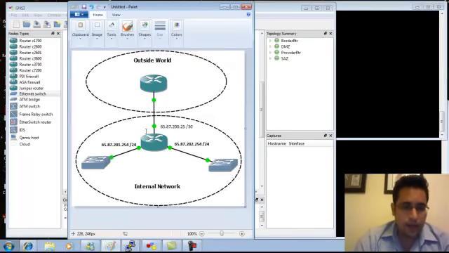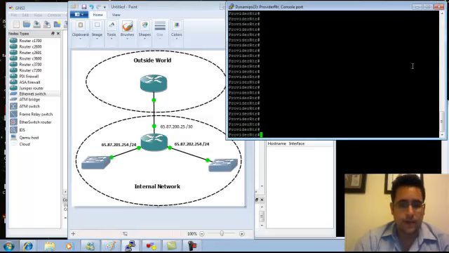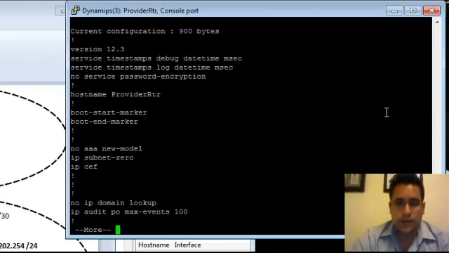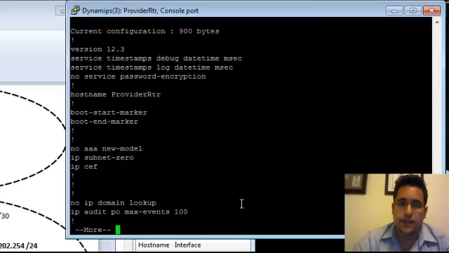So let's take a look first at our IP configuration. This is our internal router, and these are the three networks that it's connected to, and these are the IPs configured to these. These were actually pre-configured, so let's take a look at the configurations really quick. Show run, this is the provider router. All that should be configured on it is a serial interface and BGP.